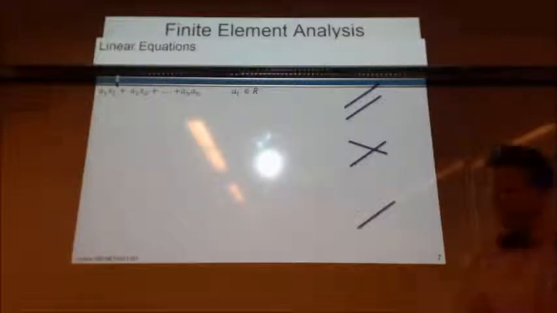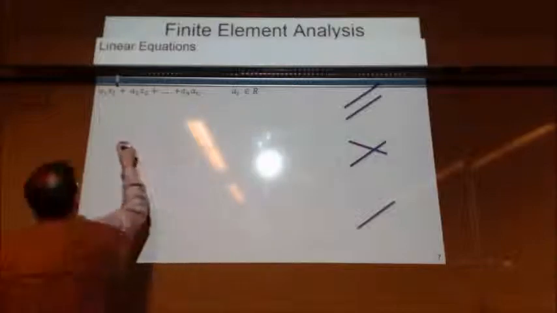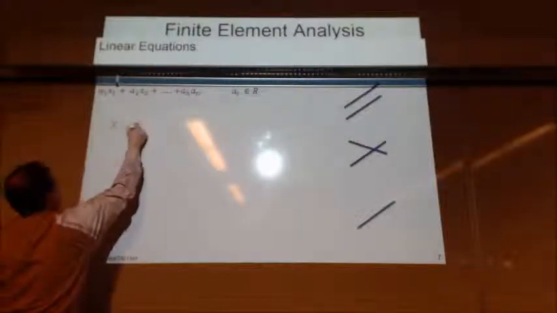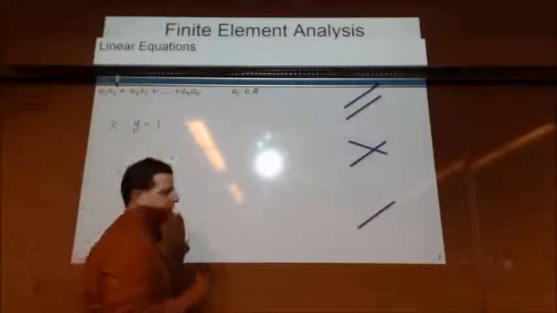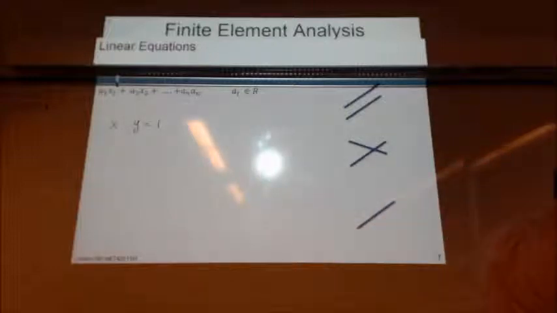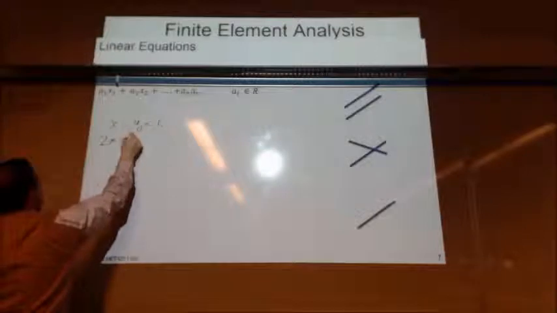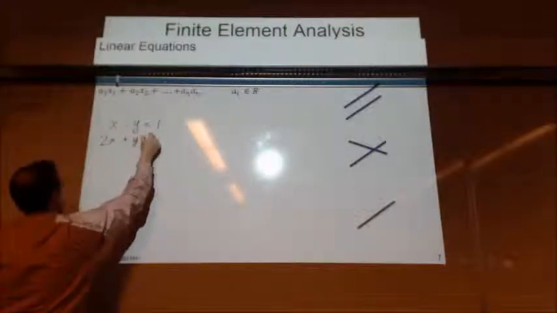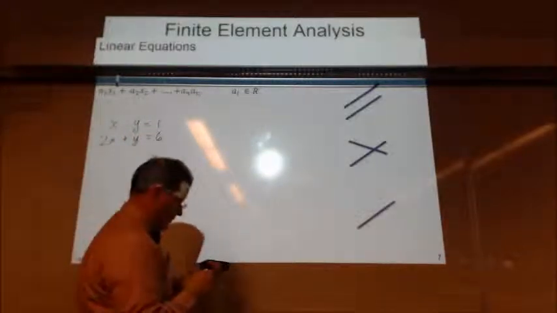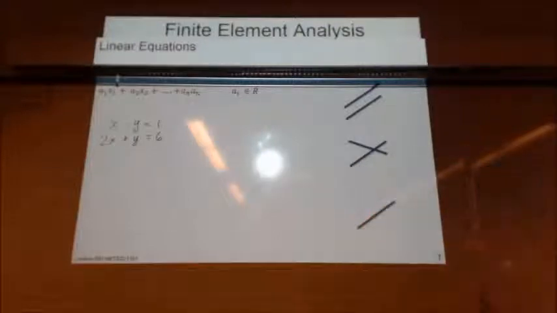So if we have an equation, x minus y equals 1, and 2x plus y equals 6, those would represent two linear equations.